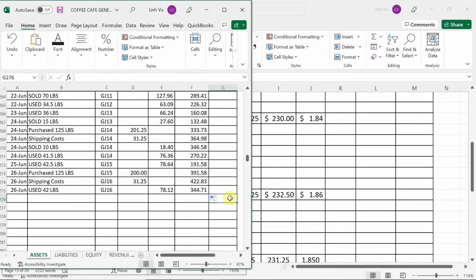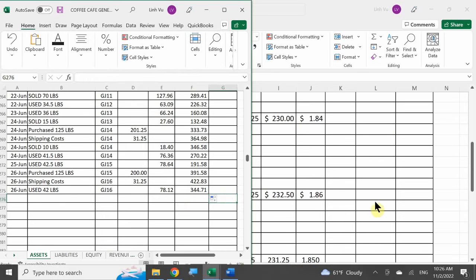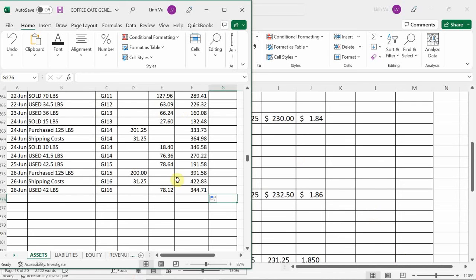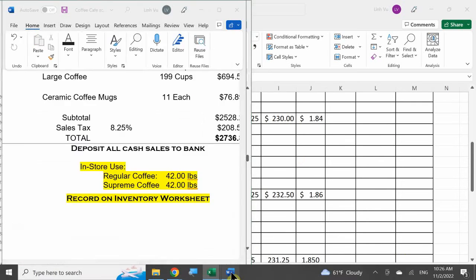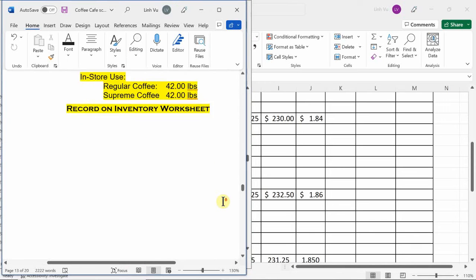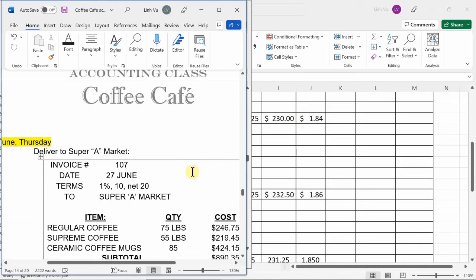I transposed a number. Oh, okay. I'm good. All right, good. So let's see what's next. Now that we did our ledger, it's another internal transaction, so we can go to the next one.